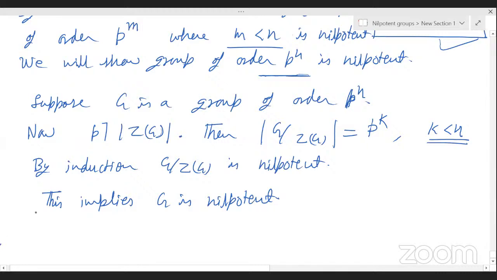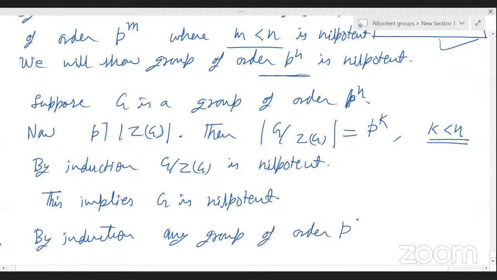So by induction, any group of order p to the power n is nilpotent for all n in N.